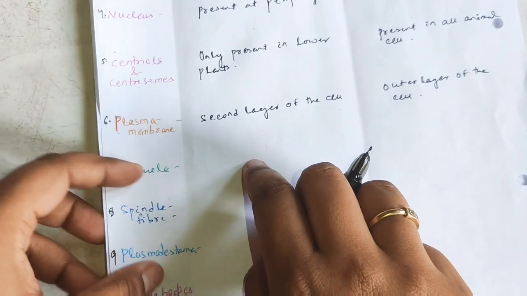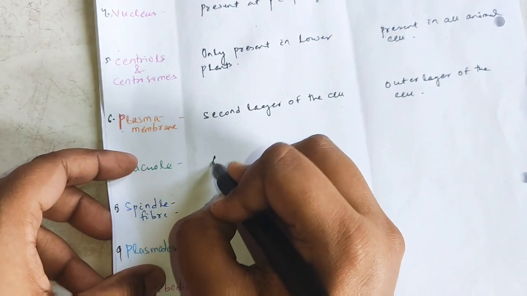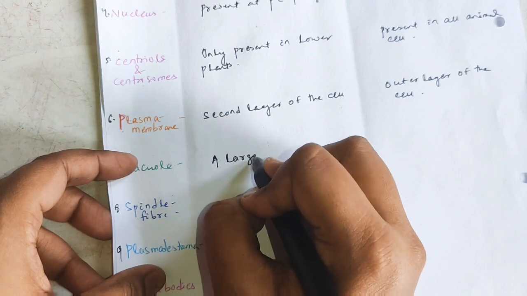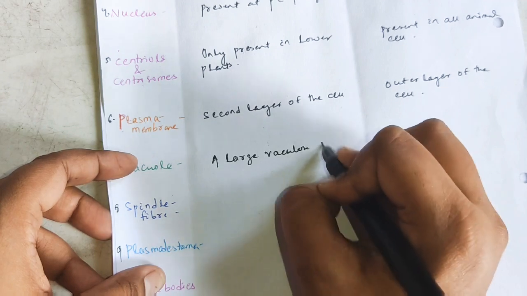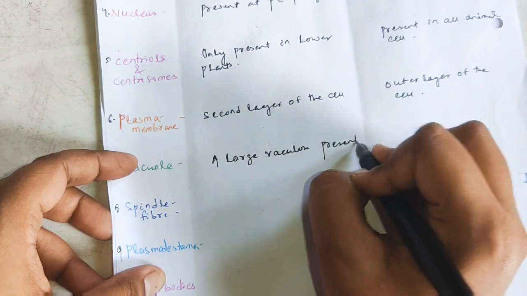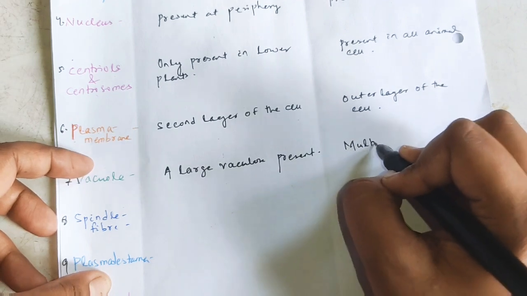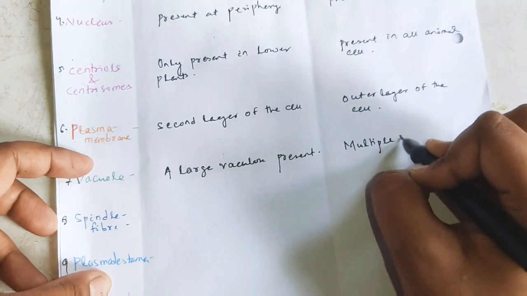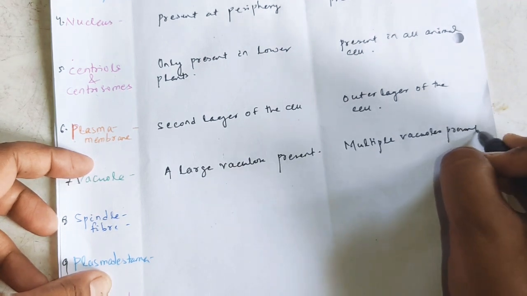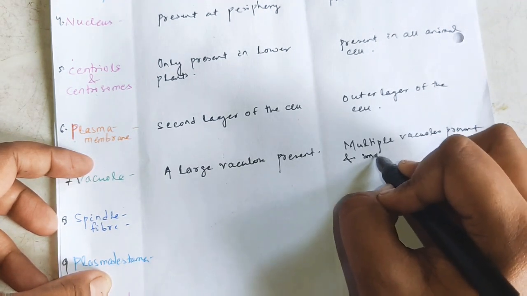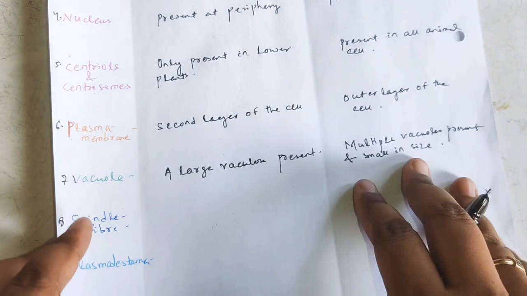Then come to our vacuole. In case of plant cell, a large vacuole is present. In the animal cell, more than one, multiple vacuoles are present, and they are mostly small in size.